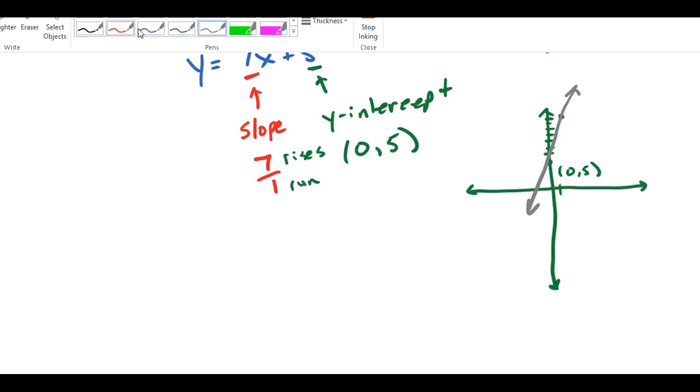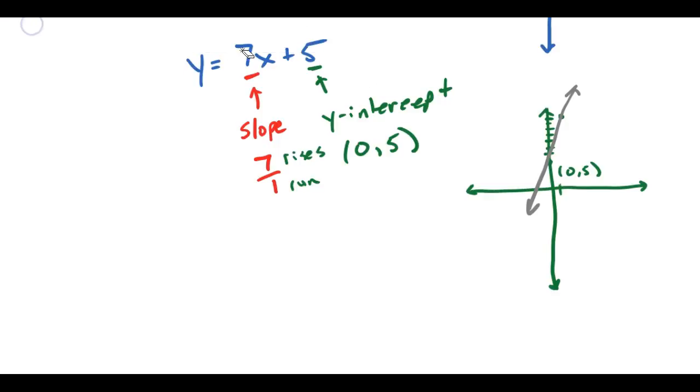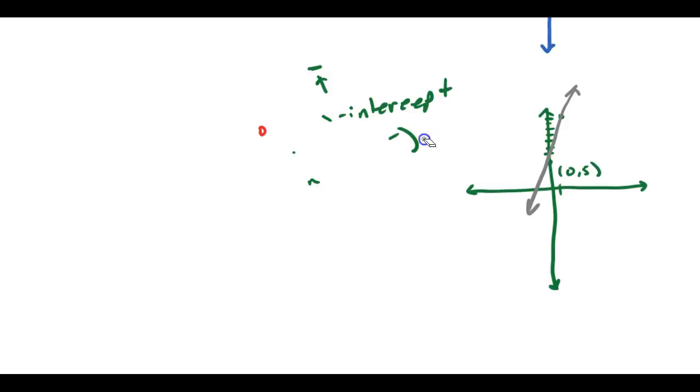Let me give you an example of another equation in slope-intercept form. Okay, so let me get rid of this. So suppose I have an equation, y equals negative 3/2 x minus 2.